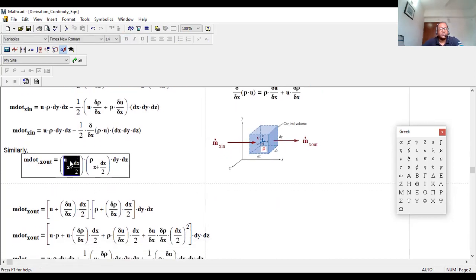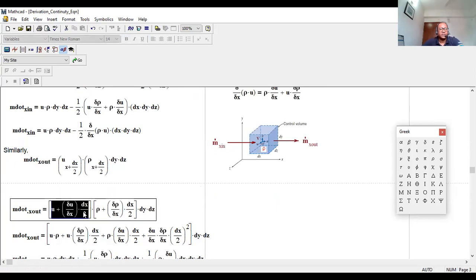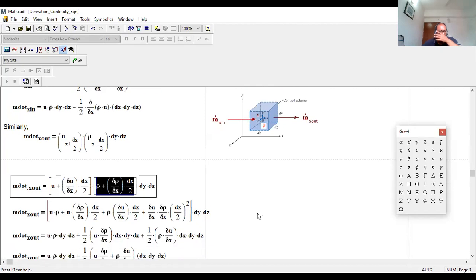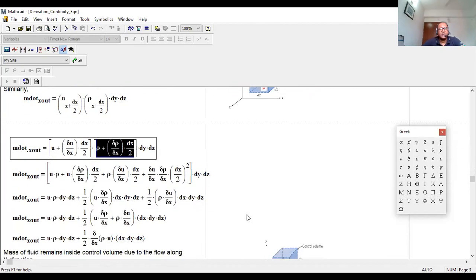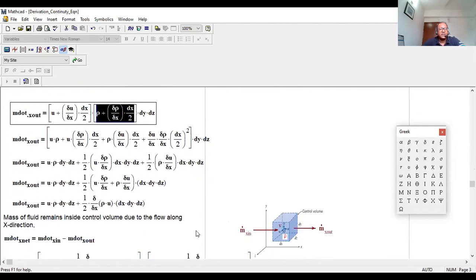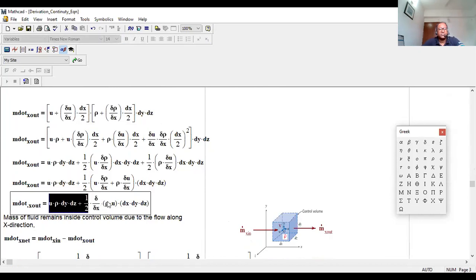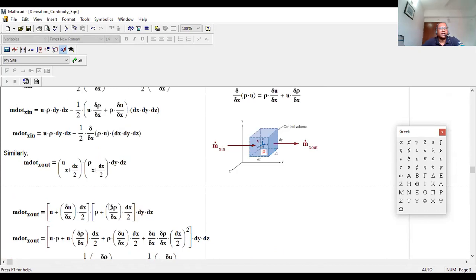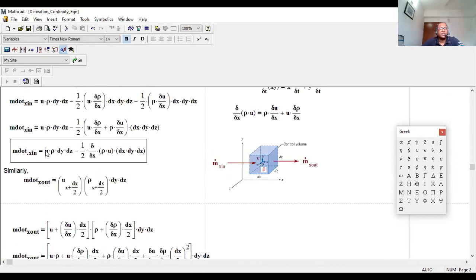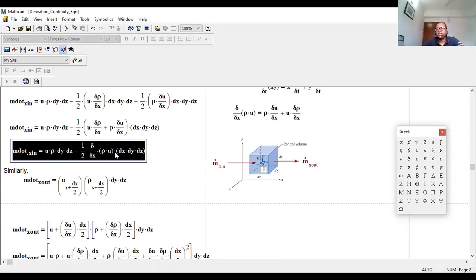Similarly, you put all these values, equal to this one we already figured out, and density on the right side, this mass, and this is the area. So similarly, you multiply and rearrange, then you will get just this term. This is your m dot out, and this is our m dot in.